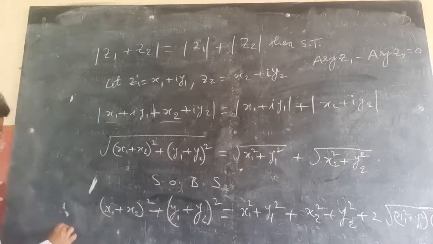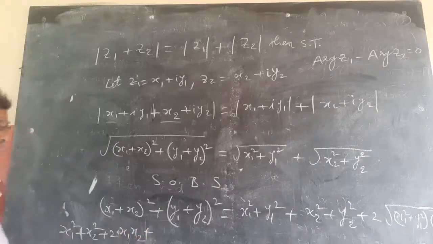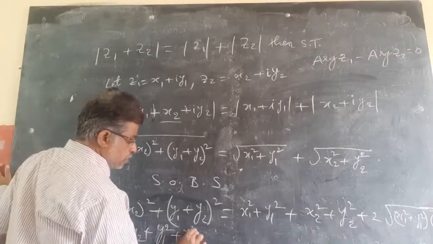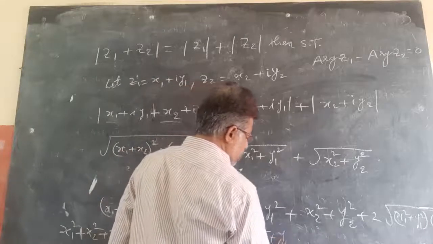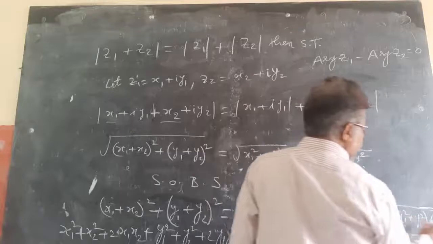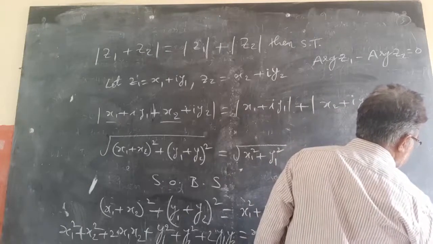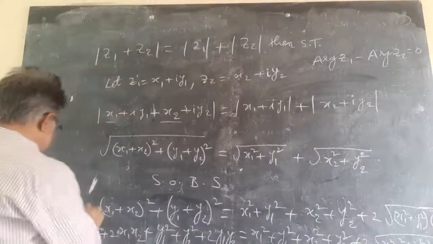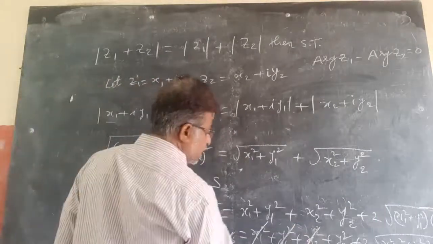Now expanding, it becomes x1 square plus x2 square plus 2x1 x2, same here y1 square plus y2 square plus 2y1 y2, equal to x1 square plus y1 square plus x2 square plus y2 square plus 2 into root of, opening the brackets, x1 square x2 square plus x1 square y2 square plus x2 square y1 square plus y1 square y2 square.